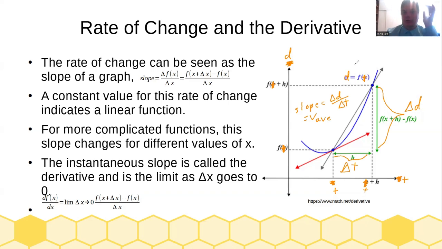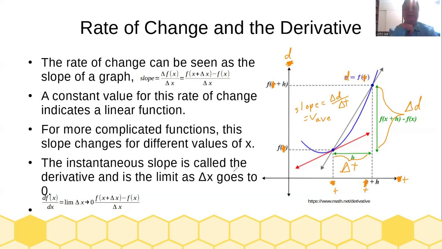It would cover more ground in the same amount of time. For a smaller slope, delta D would be smaller for the same amount of time. Therefore, the average would be smaller. So a steep line means that something's going very fast, and a shallow line means that it's going very slow.